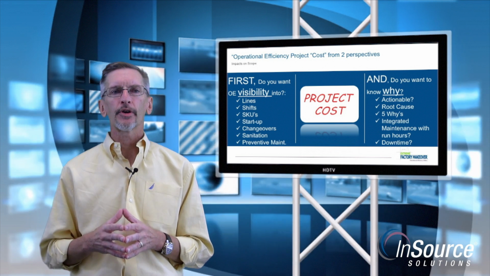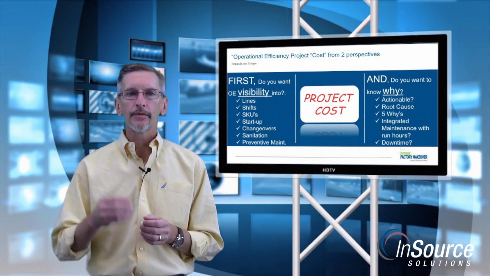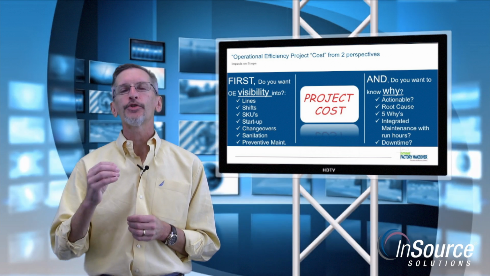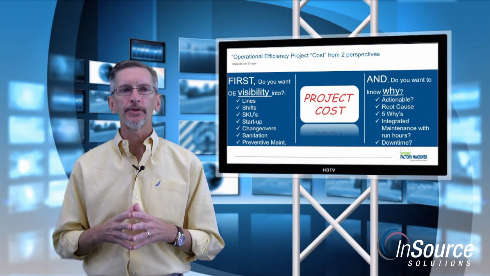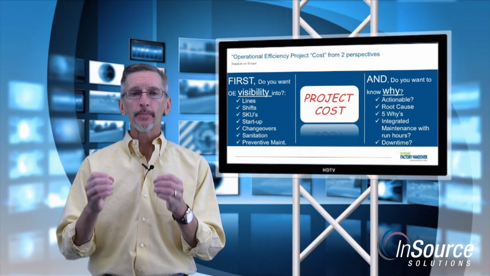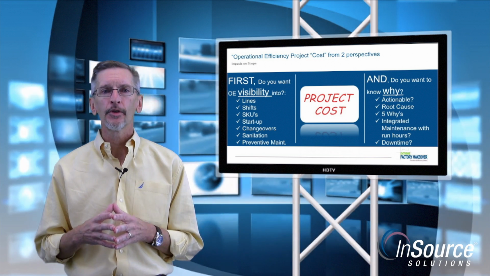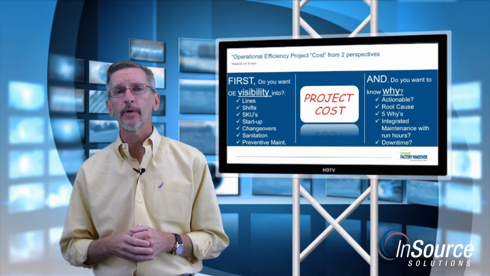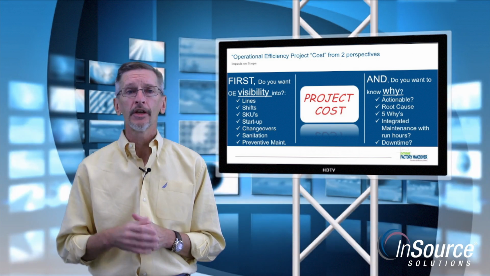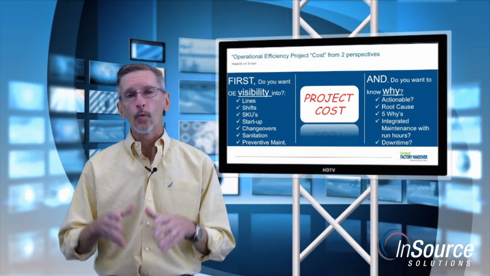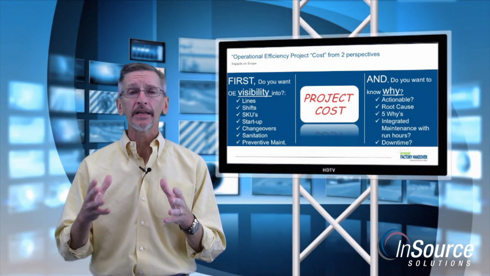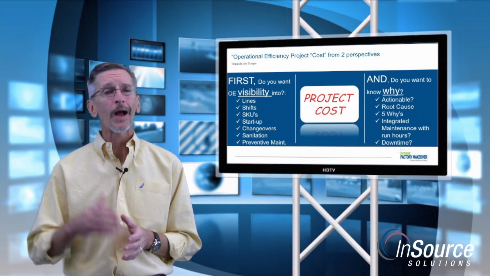Or you have to ask yourself, are you creating scope around visibility into why or why not you might be doing well? Will you be providing this information to people so that they can take necessary actions? Will you be providing this level of information to determine root cause and do your 5 whys? Will you be integrating it with things like your maintenance systems so you can do PMs based on actual run hours rather than on time?